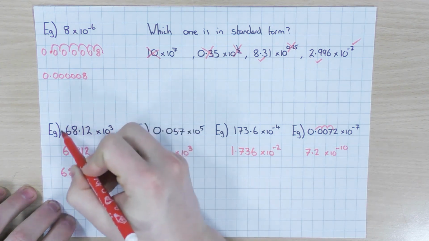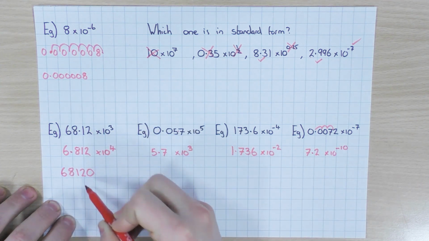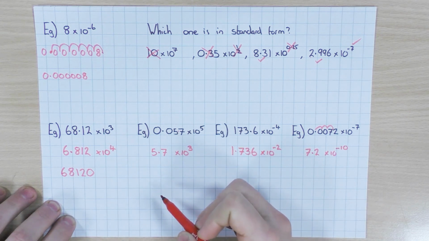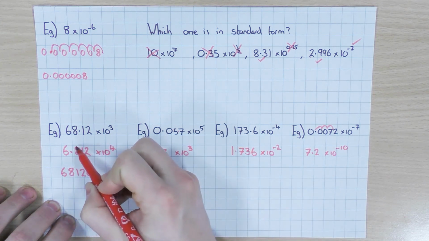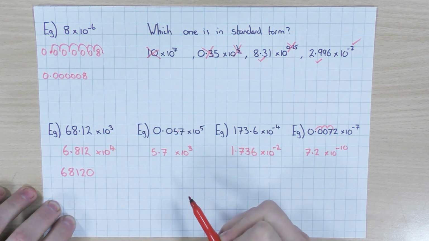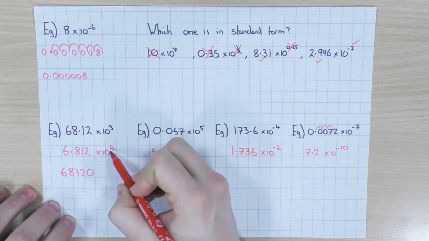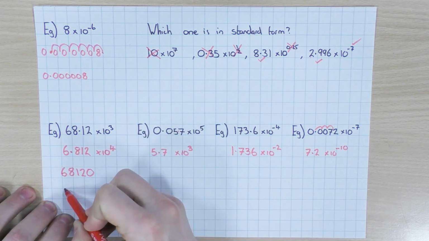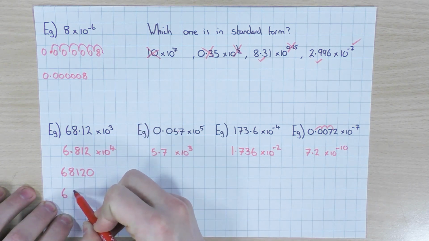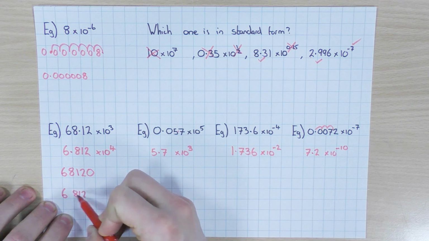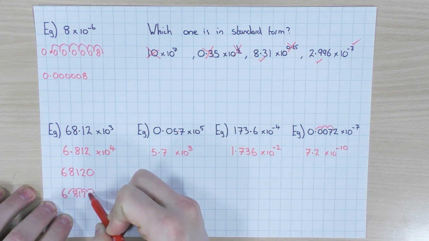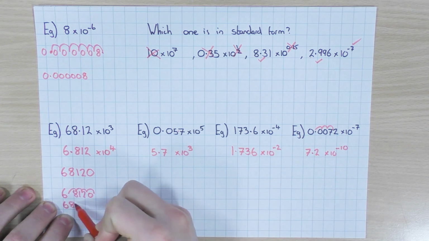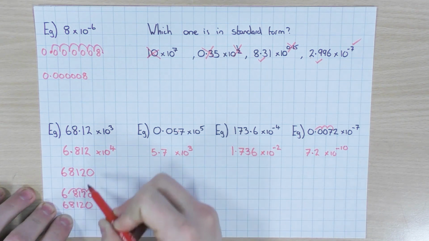So this is actually this number here, 68,120. Now, if I move the decimal point to the left, like I did there, I need to add 1 to the power, because if I then work this out, so I've got 6, 8, 1, 2, I move the decimal point 4 times, 1, 2, 3, 4. As you can see, I still have the same number.